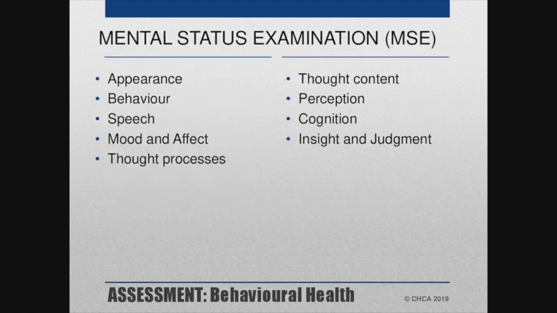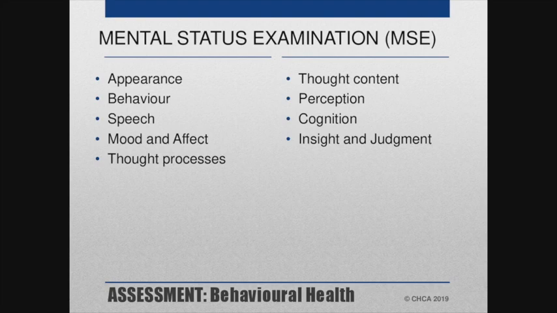For the mental status examination, or the MSE, we have a great document on the LMS that really goes into this in depth. I encourage you to take a look at it, especially for your documentation, to provide a nice in-depth history. The main heading areas are documenting a person's appearance, their behavior, their speech, their mood or affect, and their thought processes.